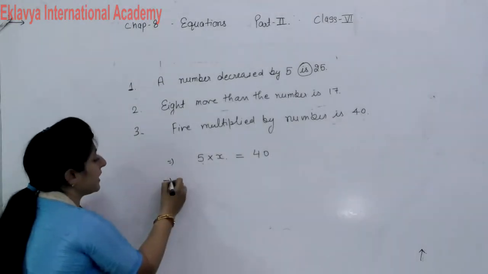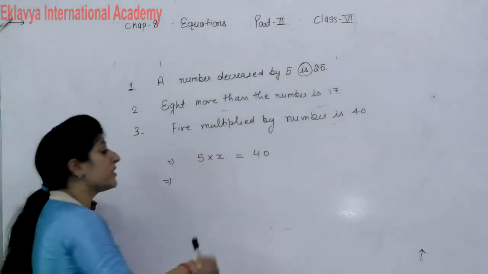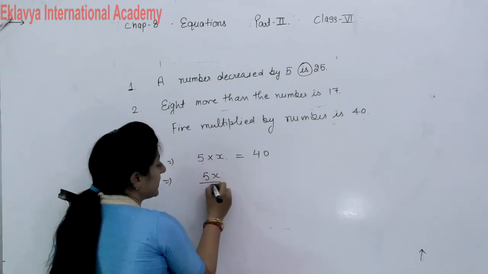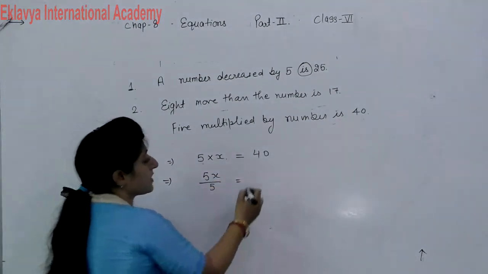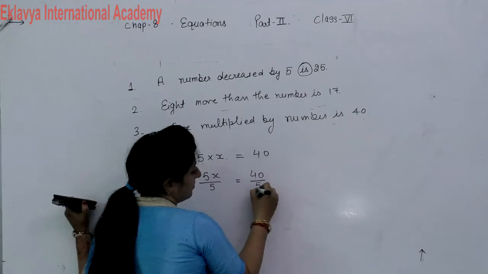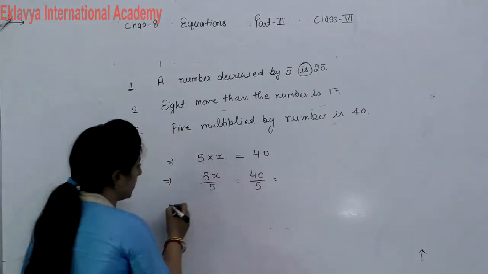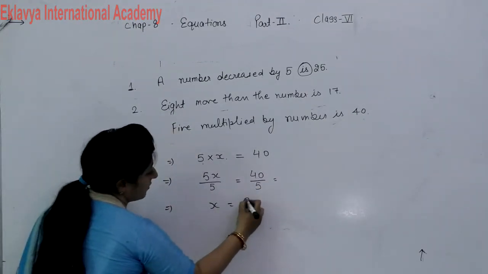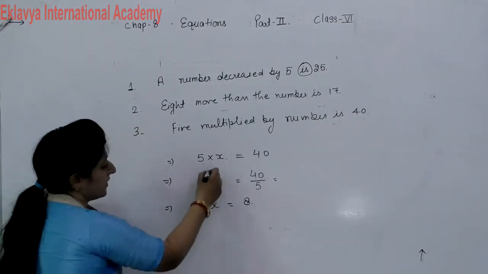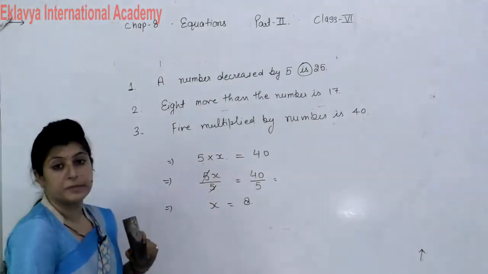If we want the mental method, then with what we multiplied by 5, we divide by that same 5 on both sides, then it becomes x is equal to 5 and 5 cancel, 5 8s are 40.